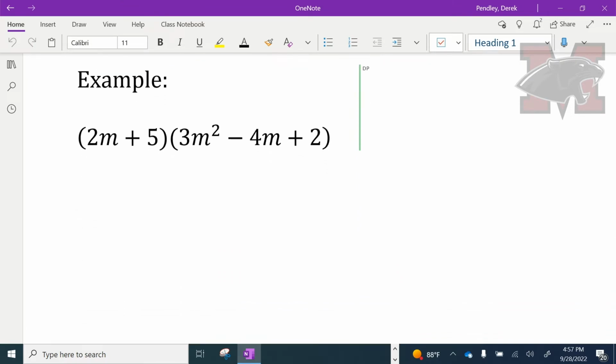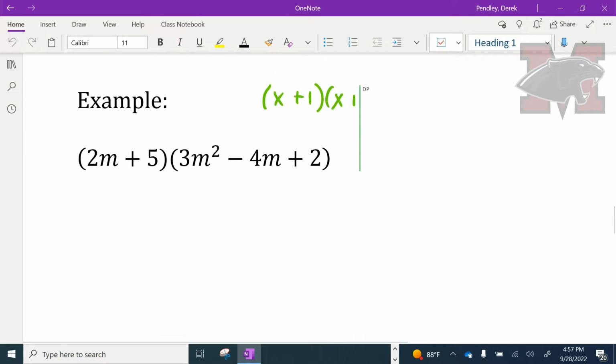Now, really quick, if you look back at Algebra 1, we had x plus 1 times x plus 3. We did the FOIL method, right? First, inner, outer, last, and we got x squared plus x plus 3x plus 3, and we simplified that to x squared plus 4x plus 3.